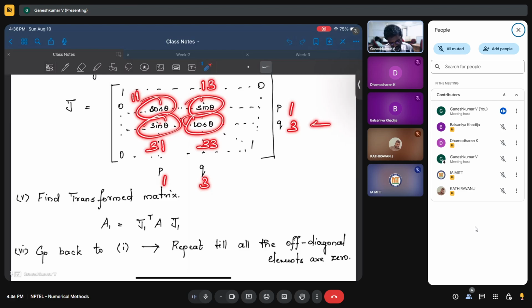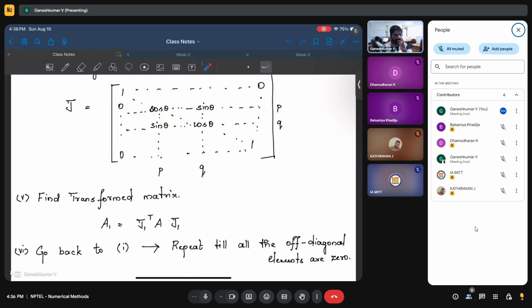Okay, so these two are the row and these two are the column. So this is how you place them. You may need to remember this, but it is simple. We know it's a 2 cross 2 rotational matrix, and you can just correlate it with P and Q like this.